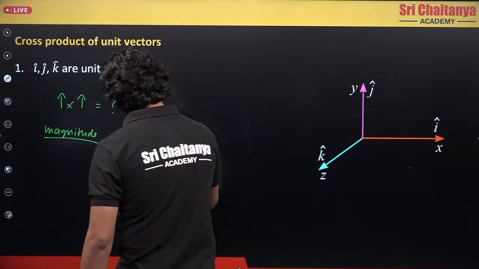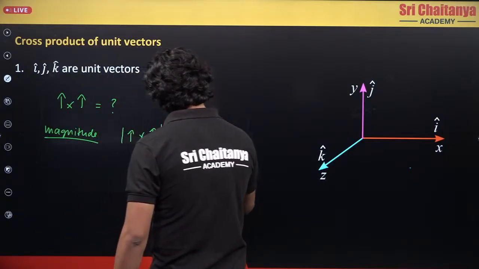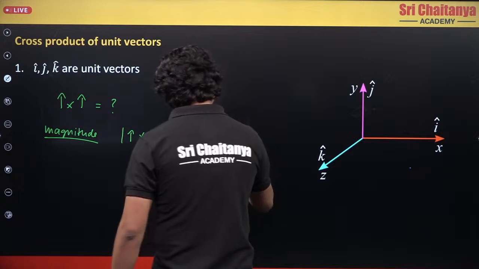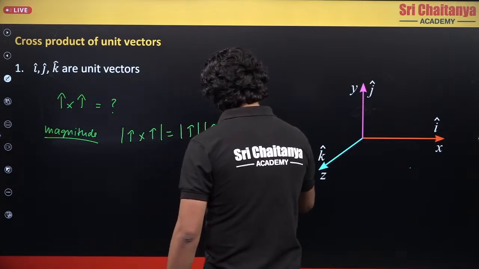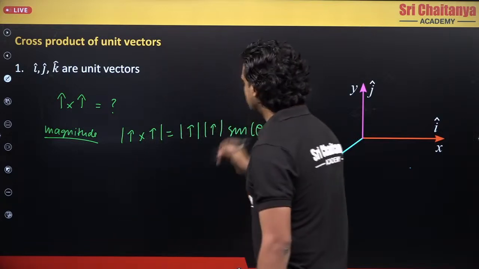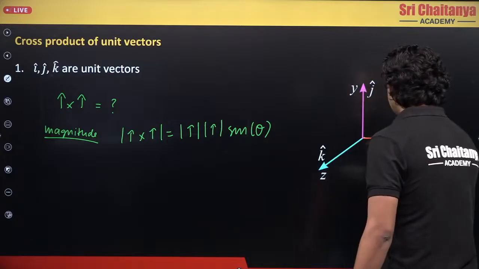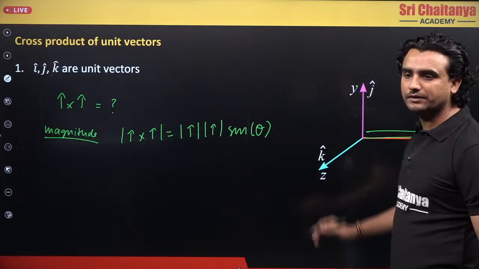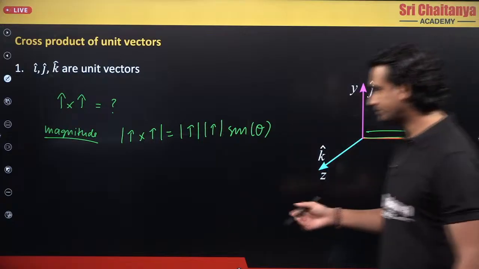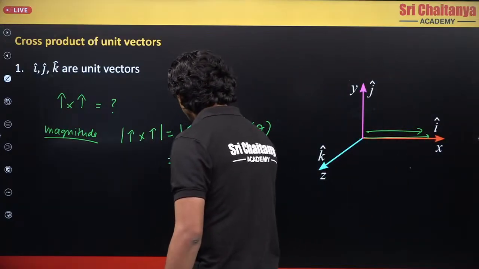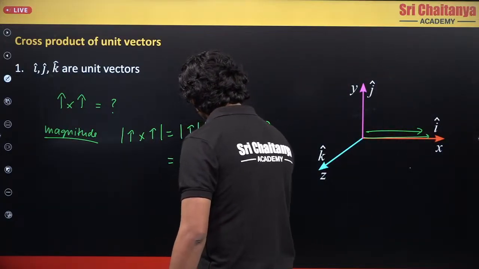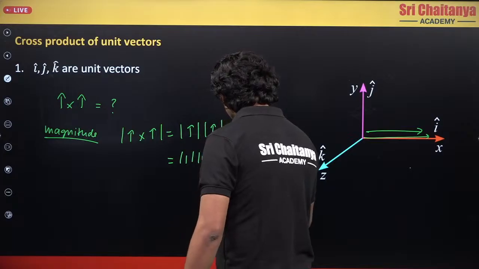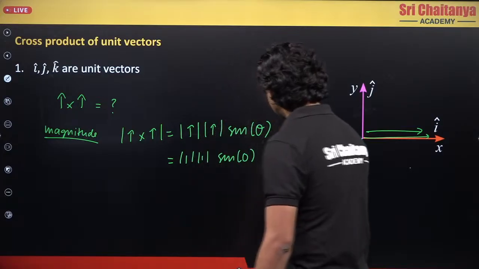Magnitude of I cross I is basically mod I into sine theta. The I vector is along this direction, and another I vector will also be along this direction only. So the angle between them is 0. This will be equal to mod of 1 into sine 0, and this will give me 0.